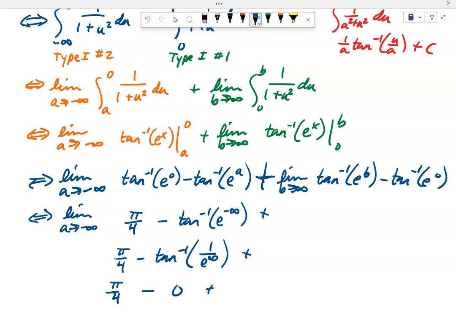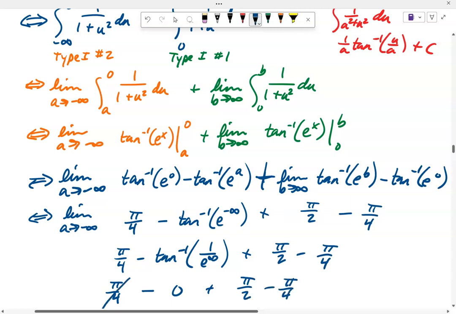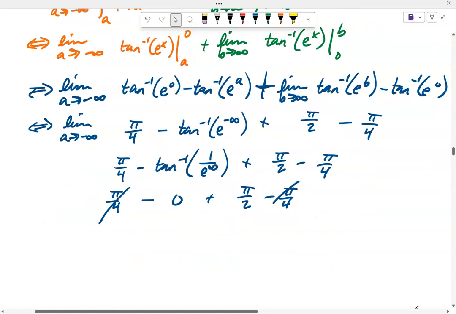All right, let's keep going now. We've got the arctangent of e to infinity, which we know is pi halves, right? It approaches pi halves as that graph shoots out, minus the arctangent of 1, which is pi fourths. Pi fourths minus pi fourths is gone, so we've got 0 plus pi halves.